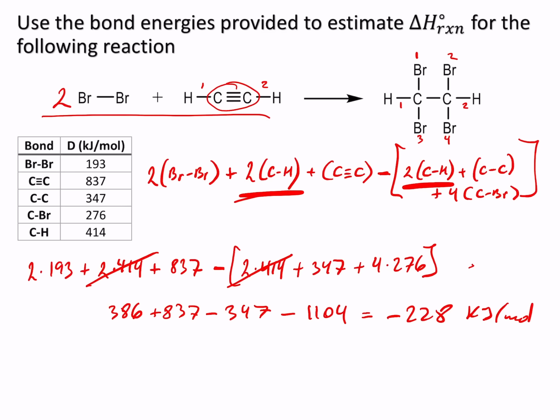Now, one thing that I also want you to keep in mind, this calculation here is the enthalpy of the reaction. But thinking of this in terms of an equation, the enthalpy of reaction is the sum of those bond energies, adding and subtracting depending on the number of bonds that you're breaking and forming.